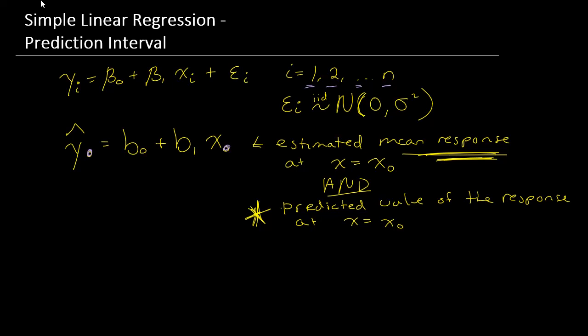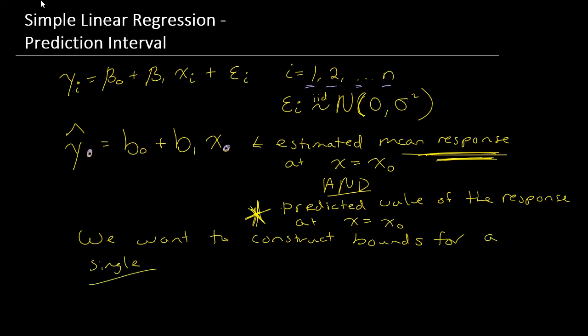So what's different though is right now we want to construct bounds for a single response, which is y naught at x naught.